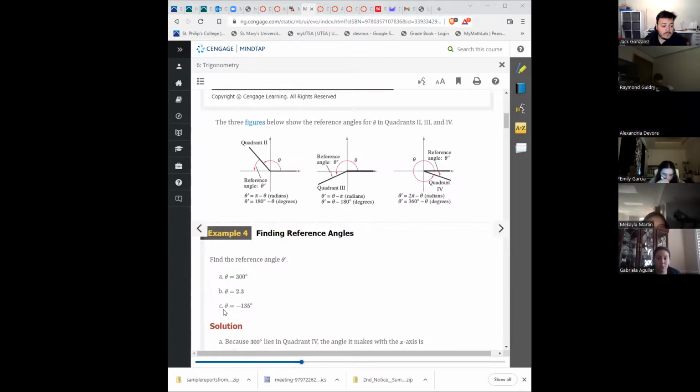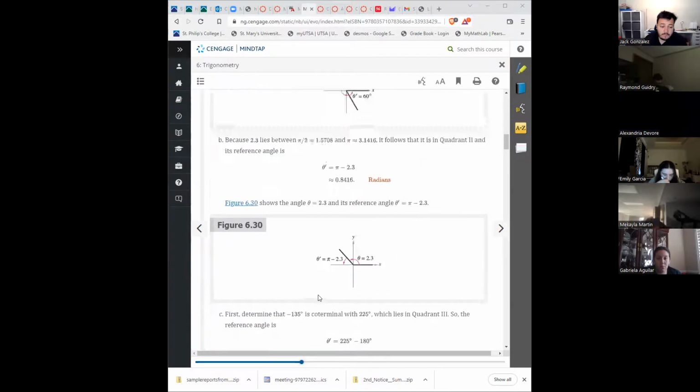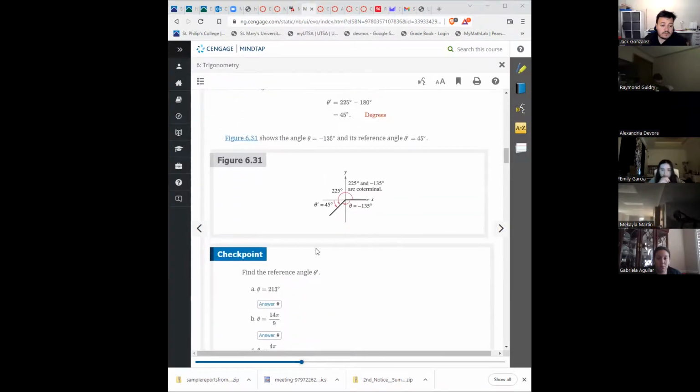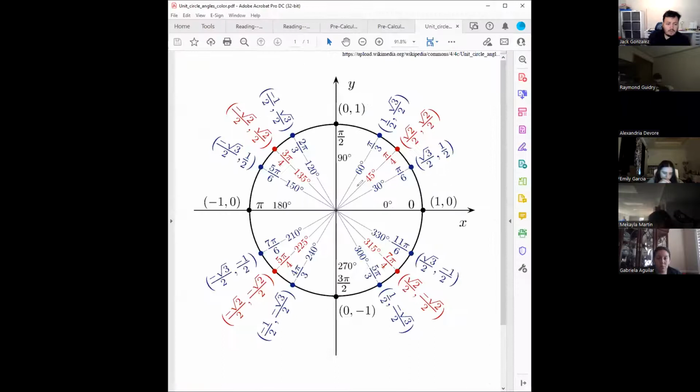Look at C. C is a negative angle. So C technically goes in the negative direction, 135, right? So let's go ahead and look at our actual unit circle, so it's a little easier to follow. Positive 135 is right here, right? So that's this distance right here, all the way around.